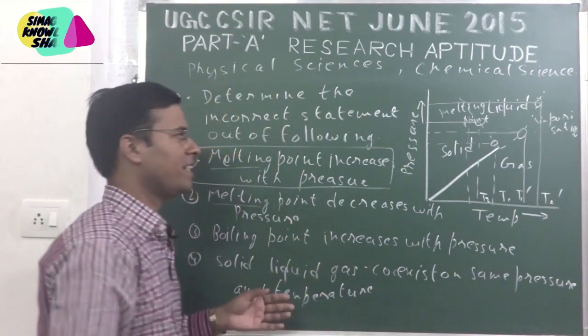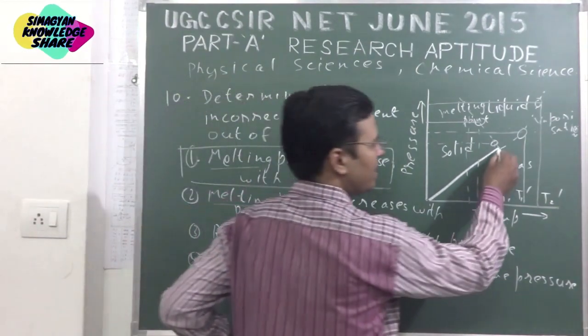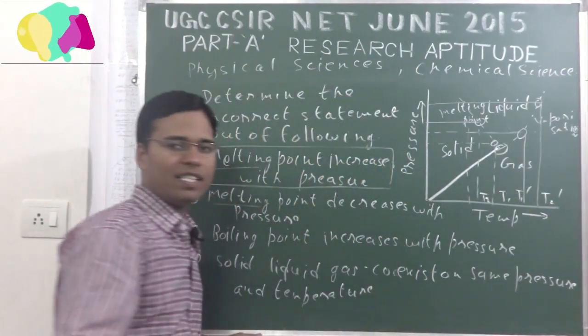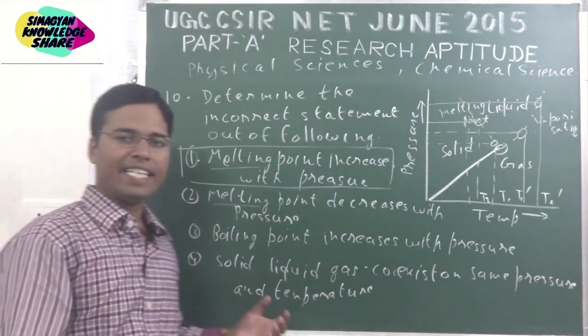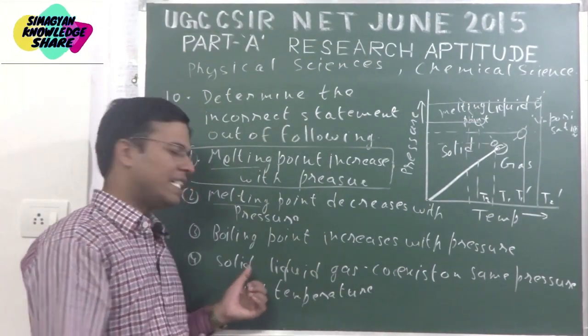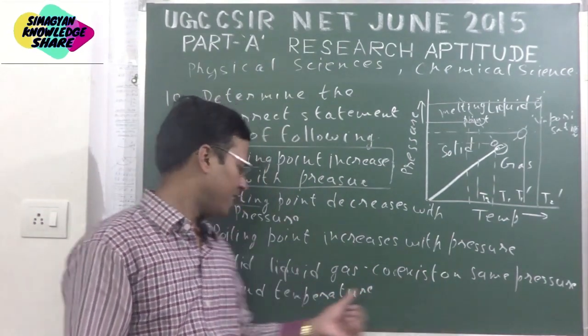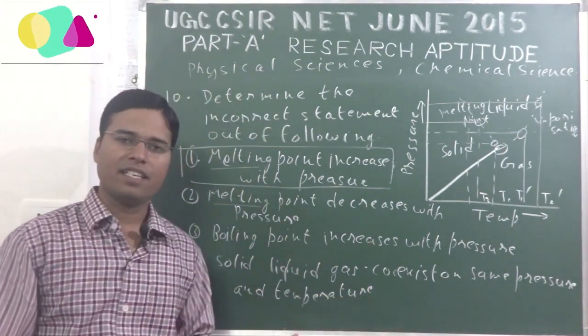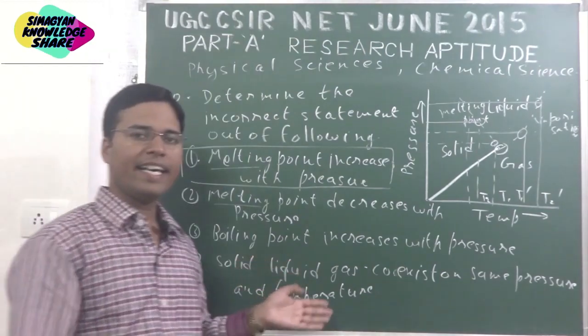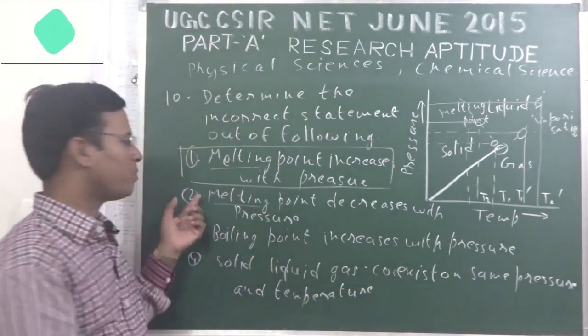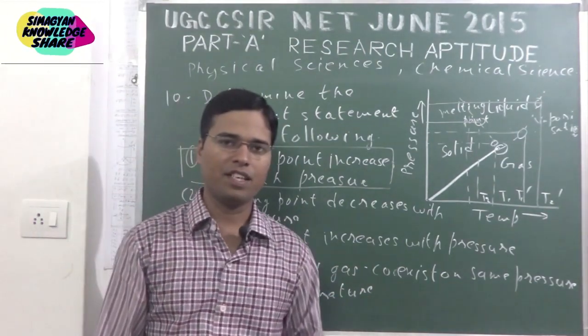It is a correct statement. And at the triple point, all three states would be at equilibrium. So the fourth statement, solid, liquid, gas coexist at the same temperature and pressure, is correct. Again, the correct answer of this problem is option number 1.